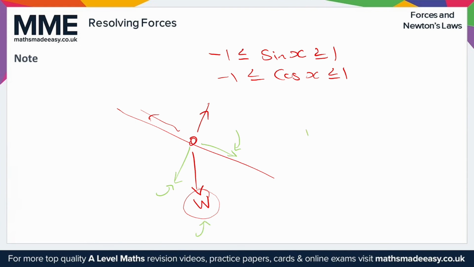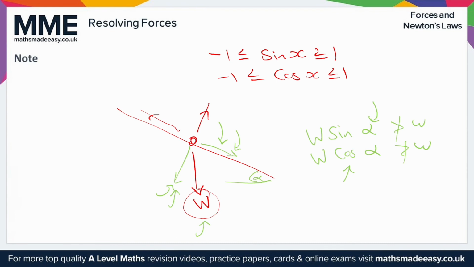Because if it's W sine our angle, or W cos our angle, so sine would give us this one, cos would give us this one. If it's somehow bigger than W, then you've definitely done it wrong because these are always between -1 and 1.